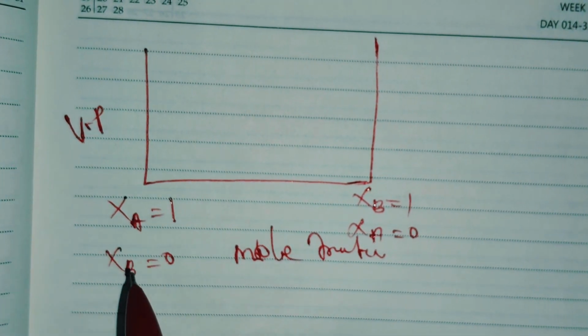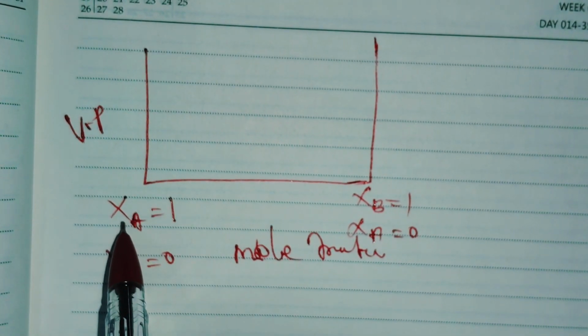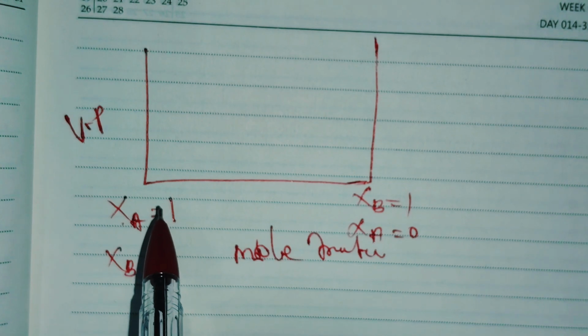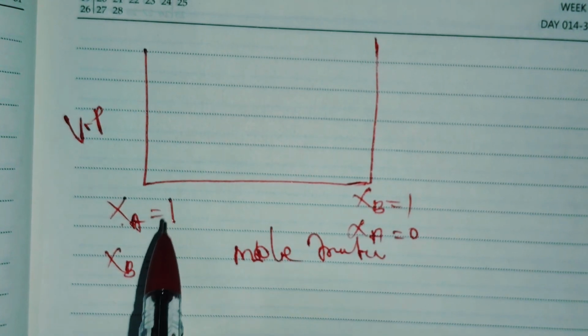So we know that when x of A is a maximum, the related partial pressure is a maximum.